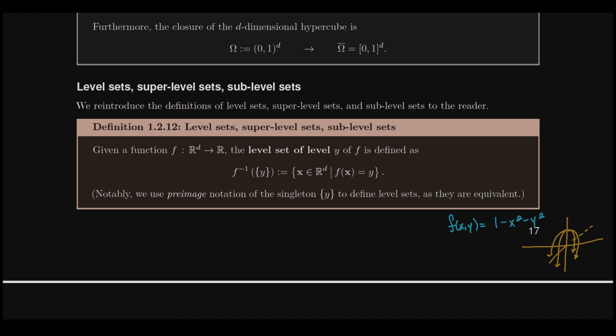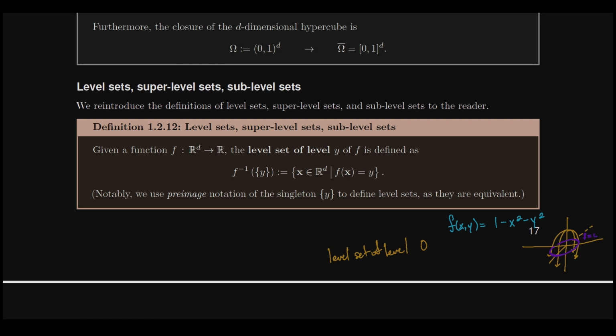And if we look at maybe the level set, let's go with the level set of level 0, then what we're going to do to find this is we compute a slice. We compute the slice of my surface, which is this paraboloid, through the z value 0, or through the f of x, y value 0. And there it is.